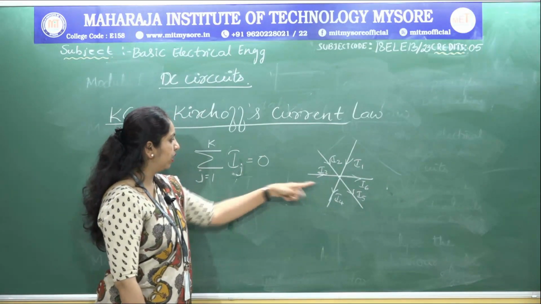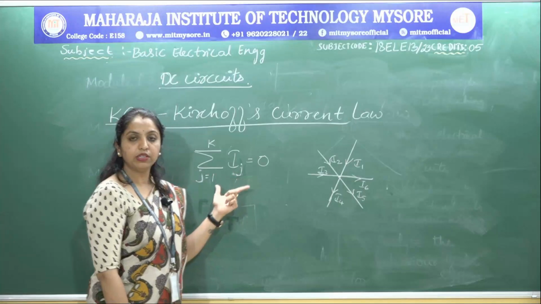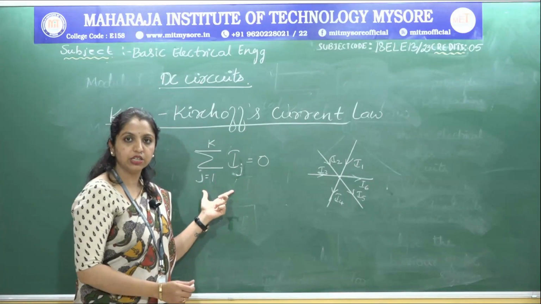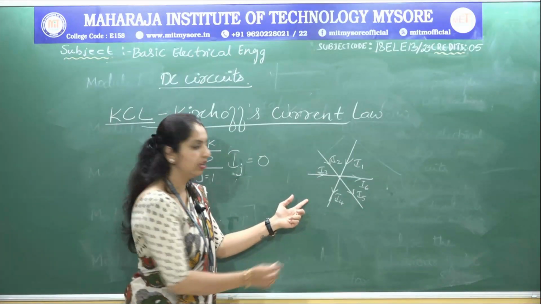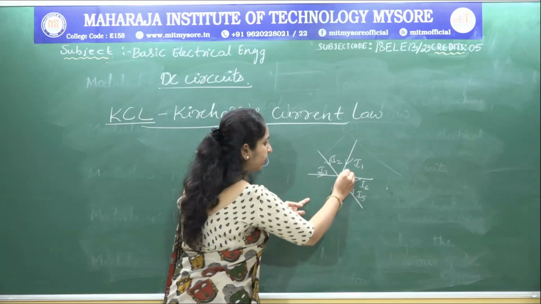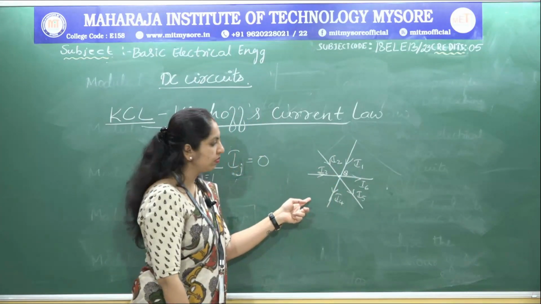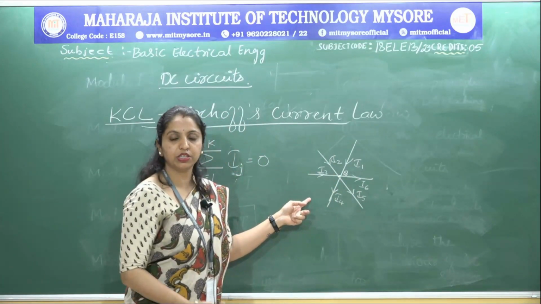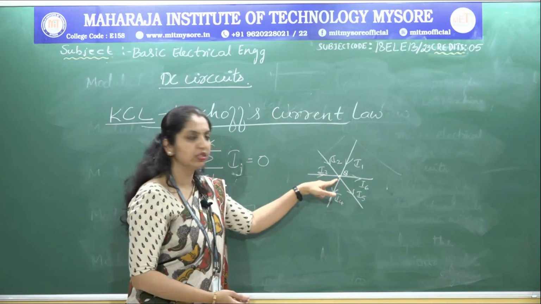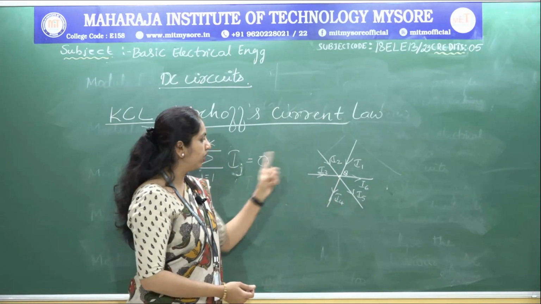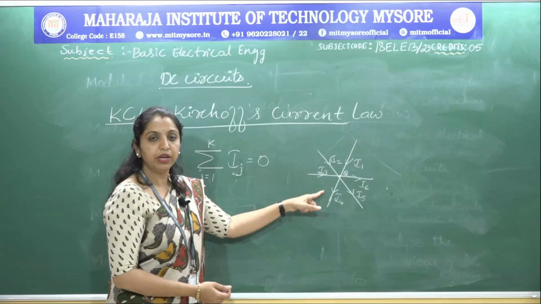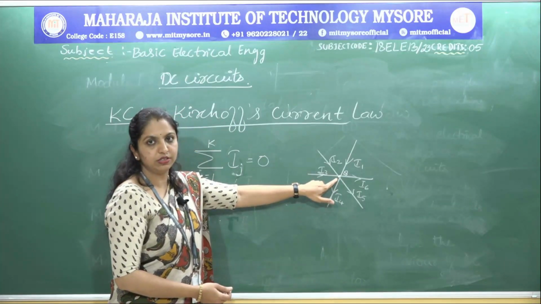The algebraic sum of the currents meeting at a junction. Where is the junction over here? This is the junction point where two or more terminals meet. So what is a junction? Where two or more terminals meet.